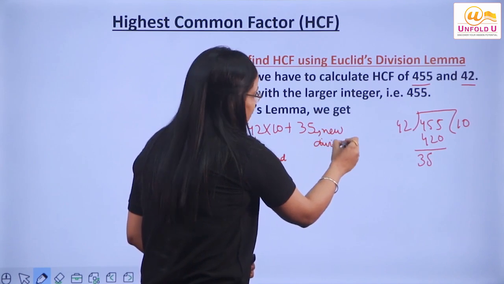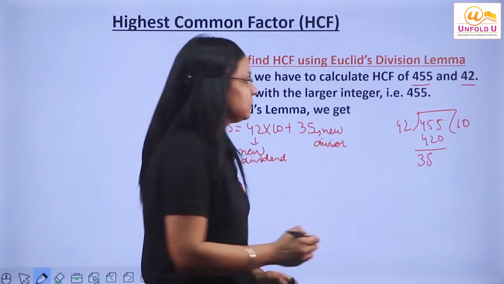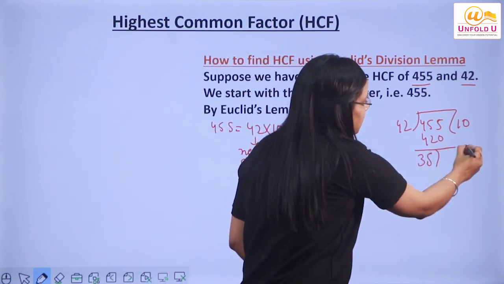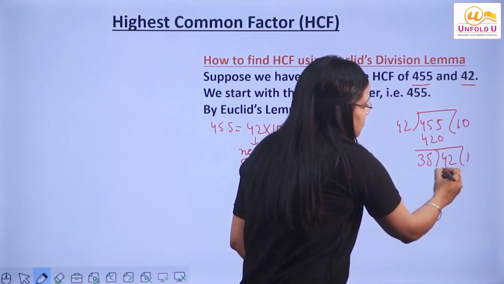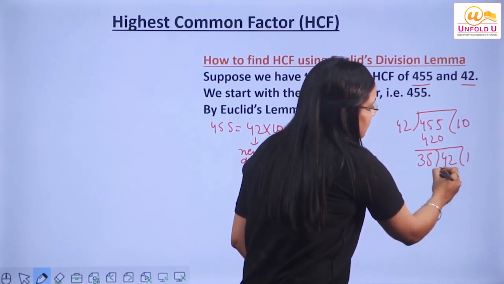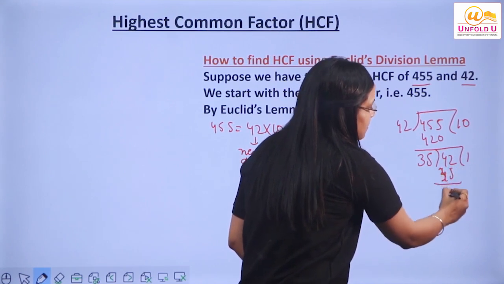So we again divide 42 by 35. So what do we get? 1 is the quotient and the remainder we get is 7.